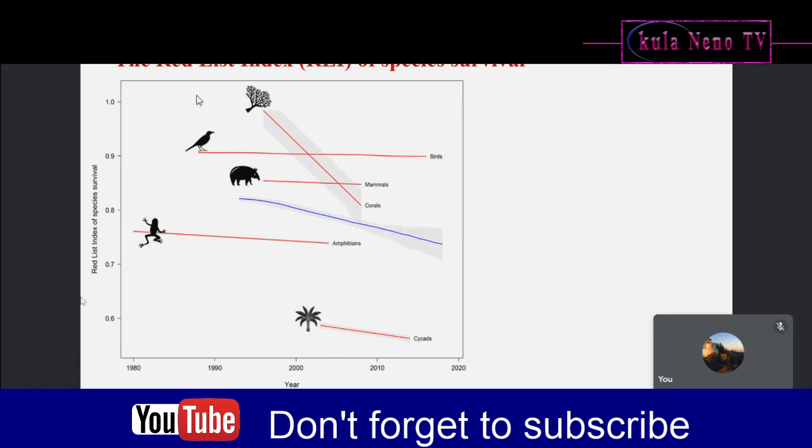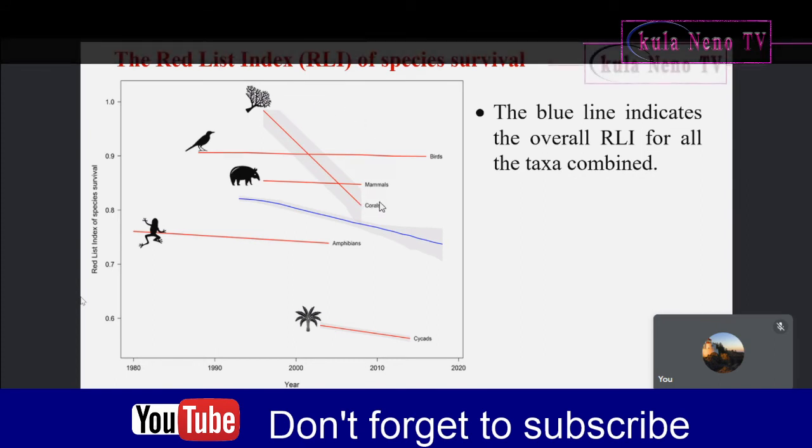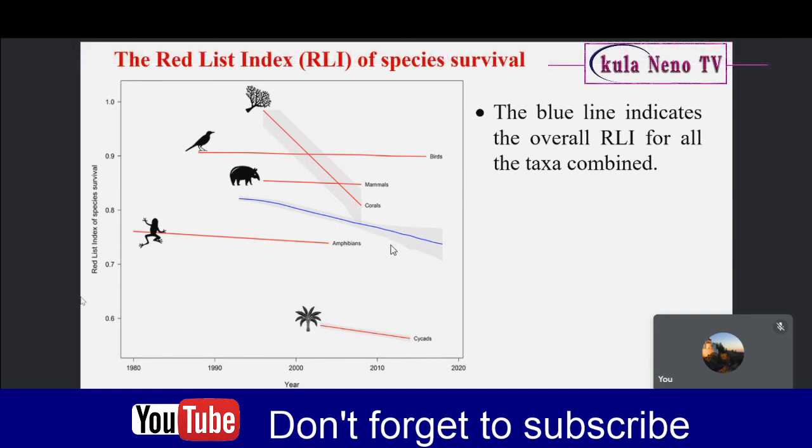So when you look at this figure, what we have on the y-axis is the red list index of species survival, and on the x-axis is the year. You can actually see a blue line. The blue line basically indicates the overall red list index for all. What does it indicate?